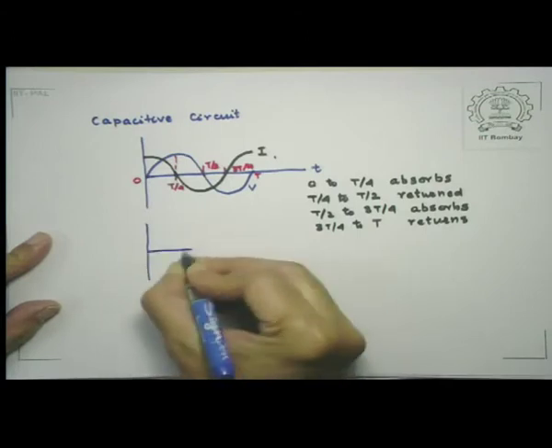Now we could do the same thing for an inductive circuit, and in an inductive circuit the situation is essentially a mirror image of this, with the current being reflected about the timeline.